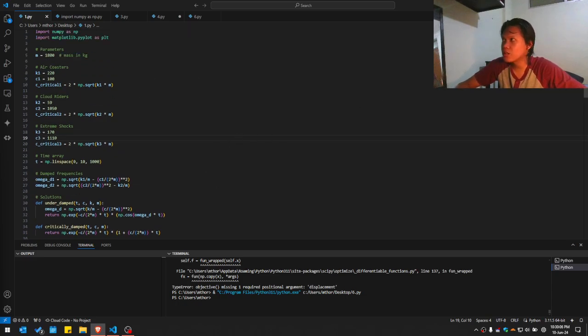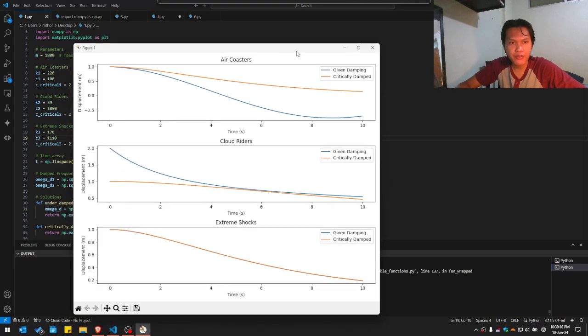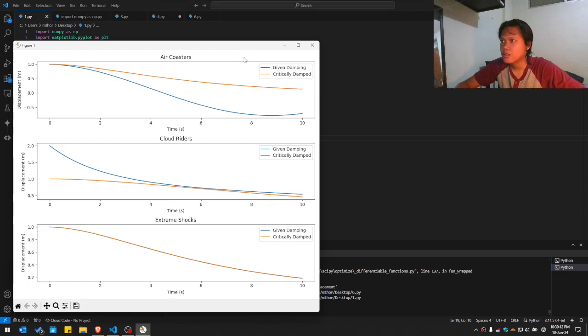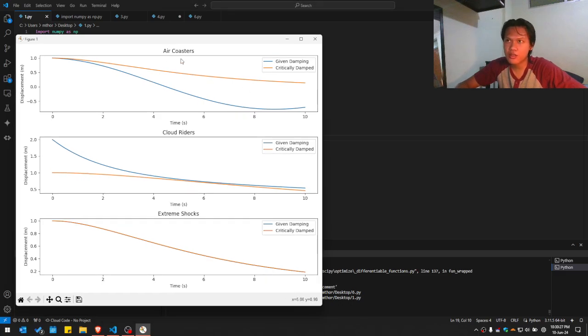So let's run it, and we have this plot. We have the displacement in meters and the time in seconds, and it has the given damping and the critically damped. Each shock has its characteristics.